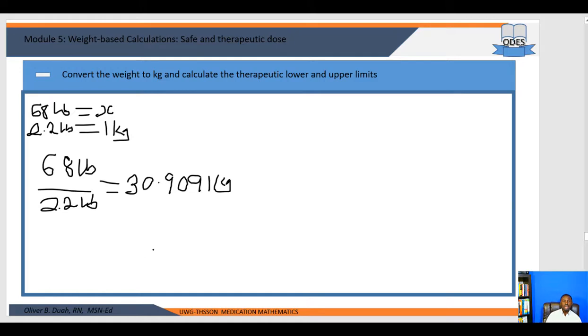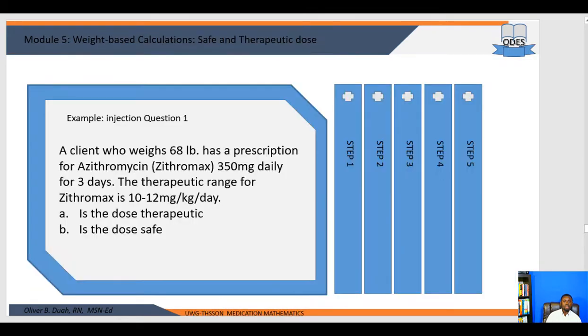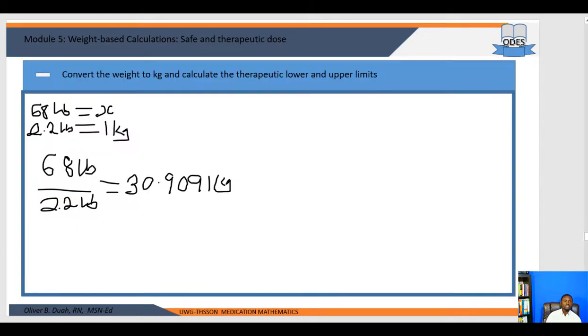Now we have to calculate for the prescribed dose. So our prescribed dose was 350 milligrams daily. And so let's go ahead and note that our P is 350 milligrams per day.